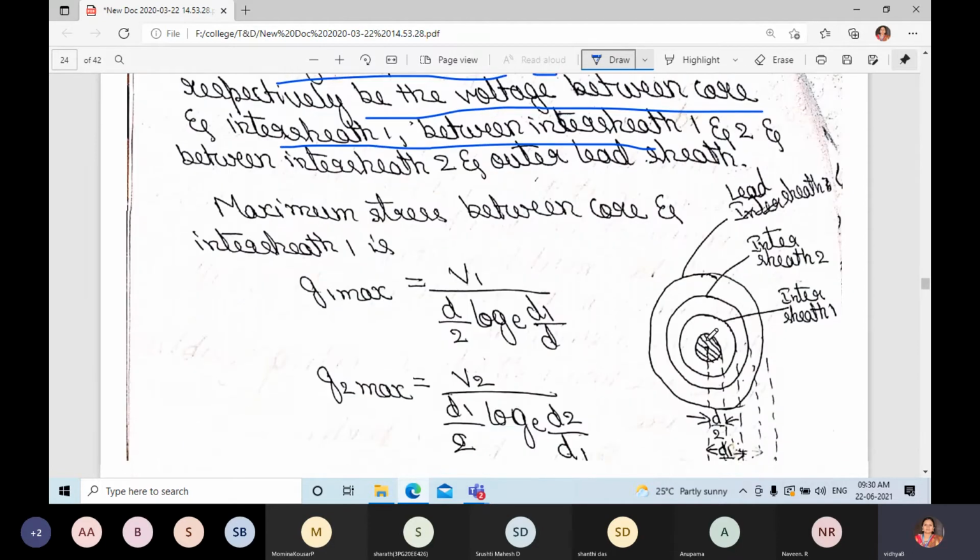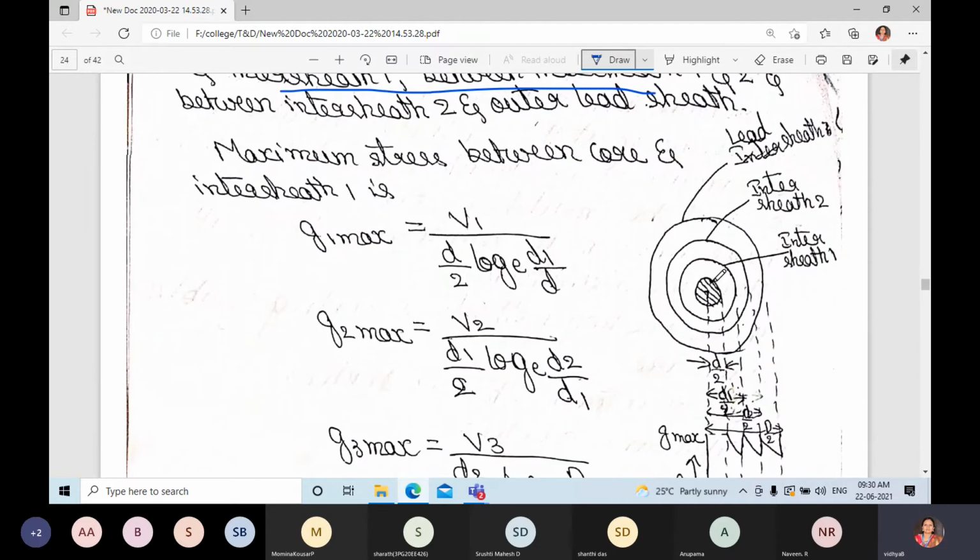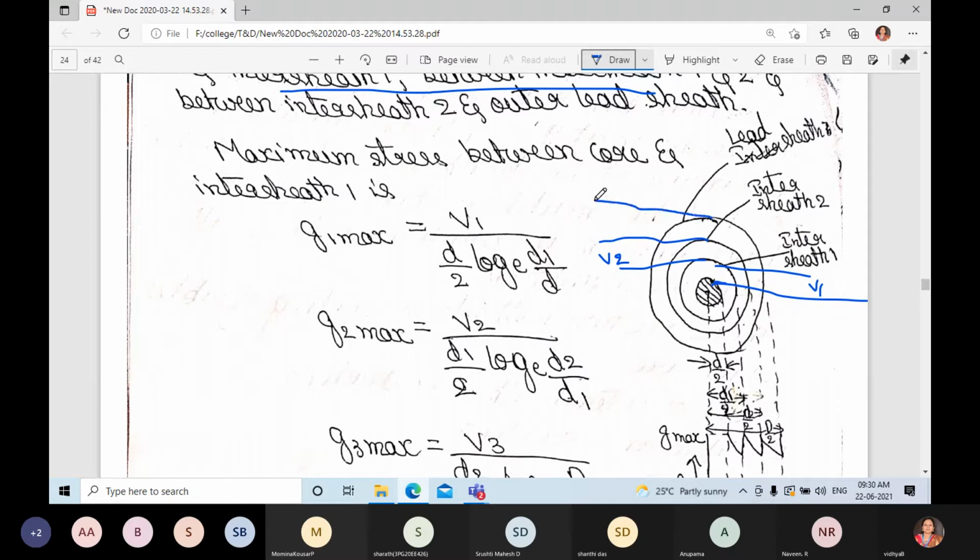If you see the diagram you will understand: between these two layers V1, between these two layers V2, between these two layers V3.